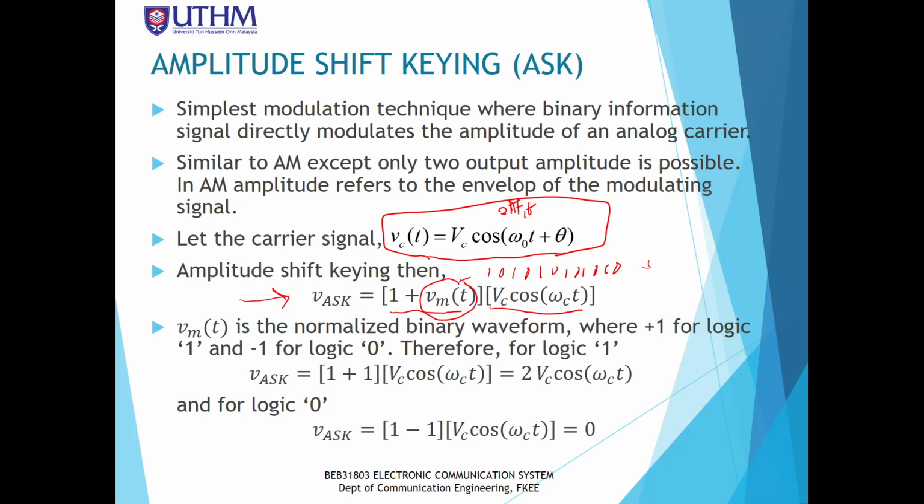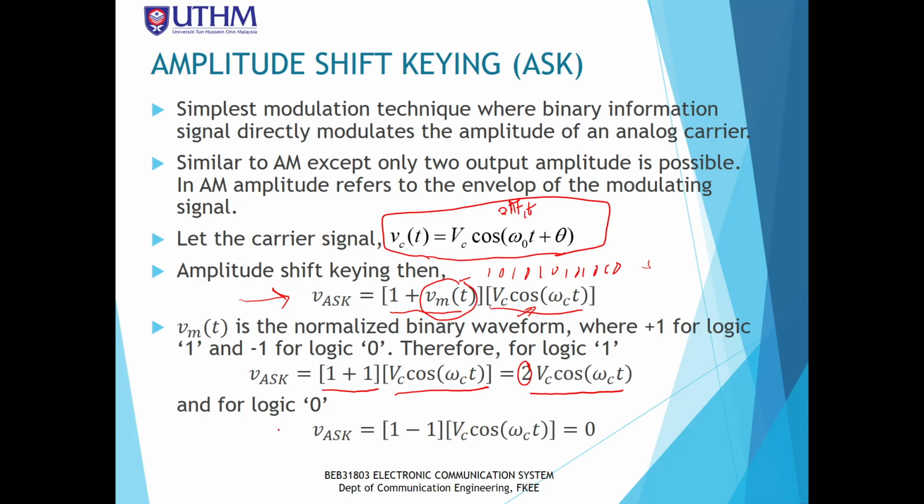Okay, so when we multiply with the analog carrier cosine function, so perhatikan di sini, if the input is logic 1, so therefore 1 plus 1 multiplied with VC cos omega ct, which is the carrier. So 2 VC cos omega ct. So perhatikan di sini berlakunya dua kali ganda daripada VC cos omega ct.